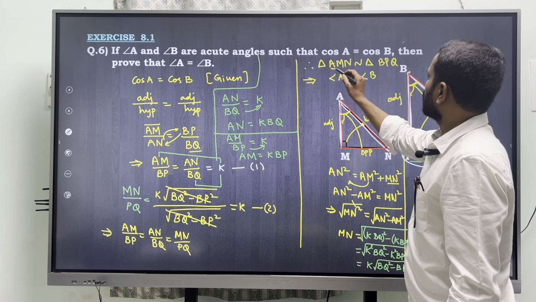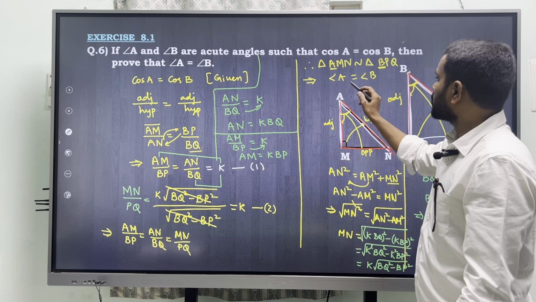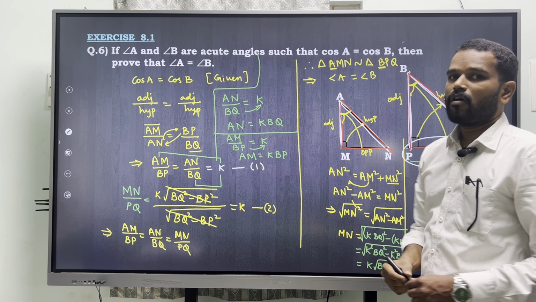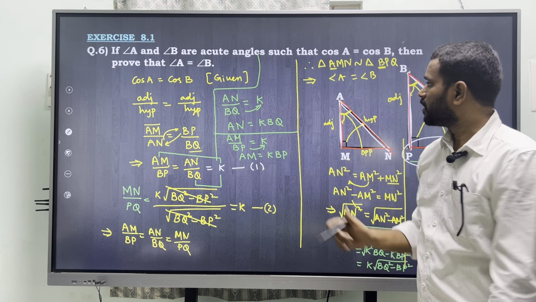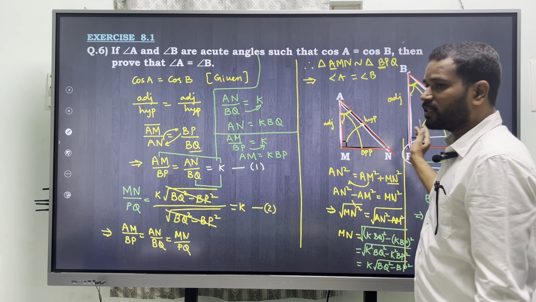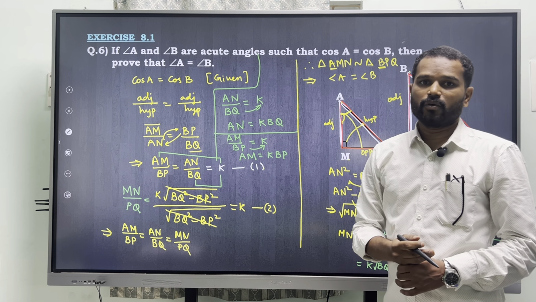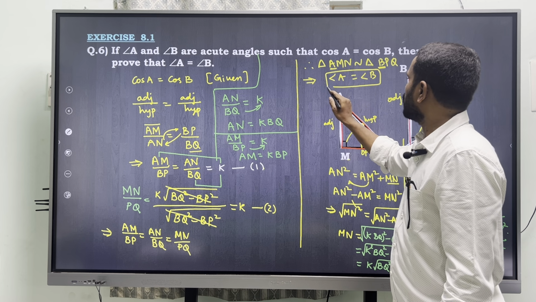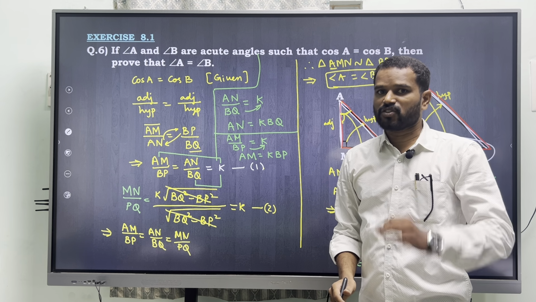Because corresponding angles of similar triangles are equal. Understand? So when two triangles are similar, then their angles are also equal. So angle A equals angle B. This is how we can prove it. This is the procedure which is followed in the textbook.